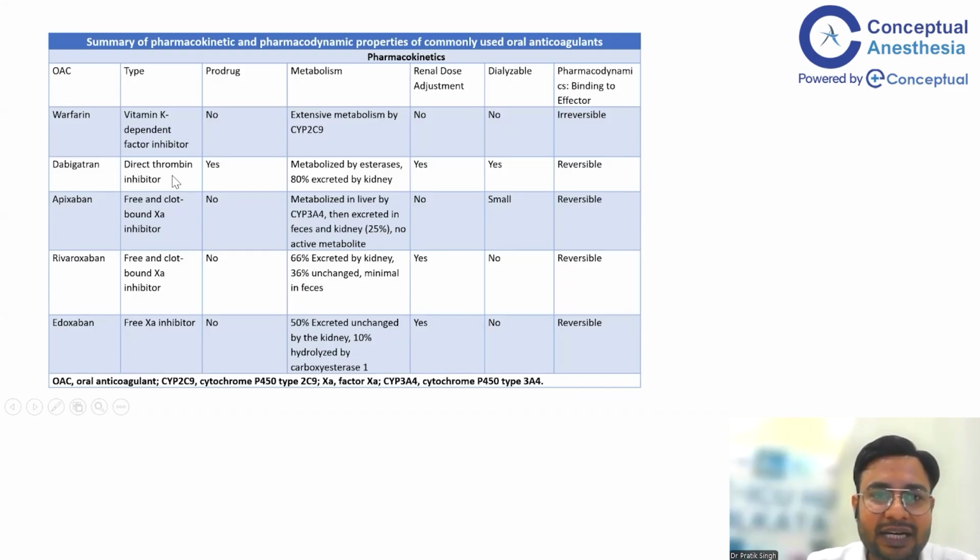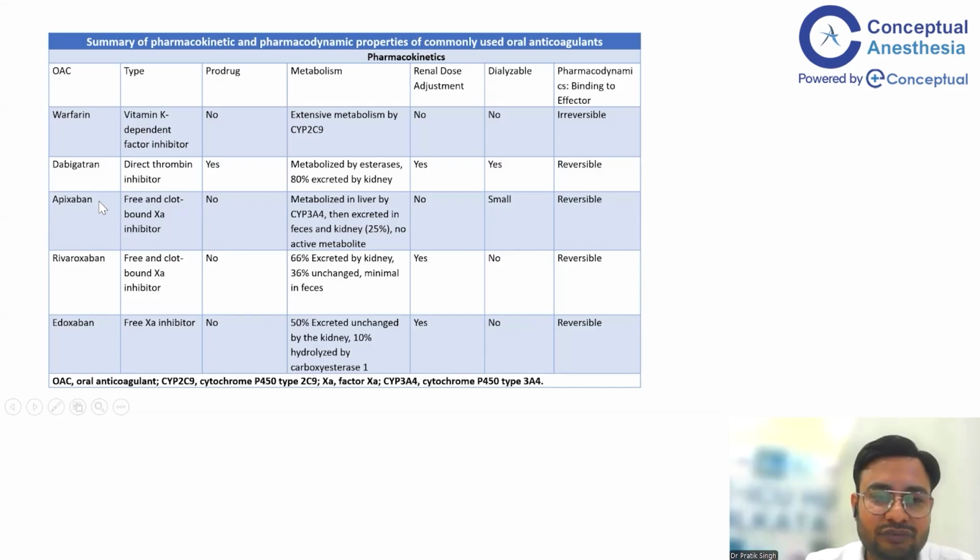Dabigatran. Dabigatran is a direct thrombin inhibitor. It is a prodrug, yes, and is excreted by the kidney. So it needs dose modification, or if the patient has advanced kidney disease, then we can't give it. And the effect is reversible. Then apixaban, the name implies XA, it acts as an XA inhibitor and is metabolized by the liver. Renal dose adjustment need not be done.